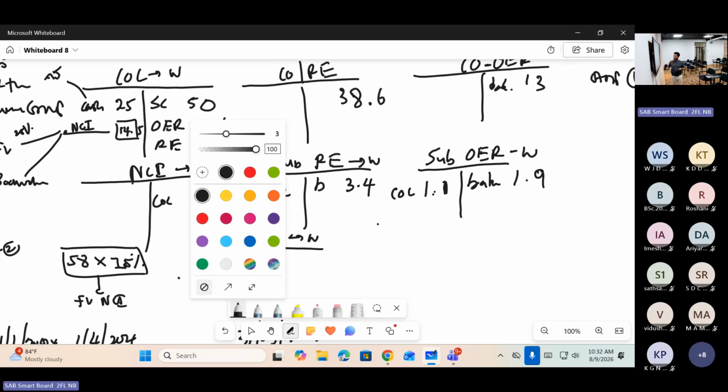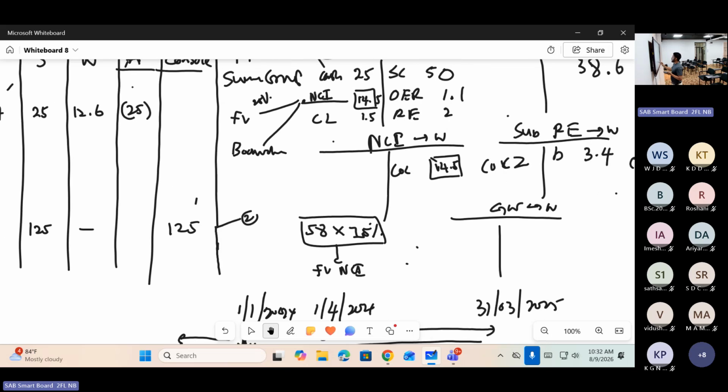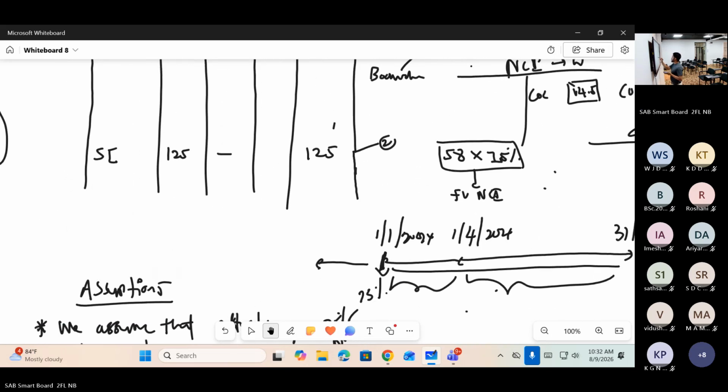Gain on bargain purchase, our value. Contingent liability credit 1.5, debit to here. Contingent liability. We need to put it here.